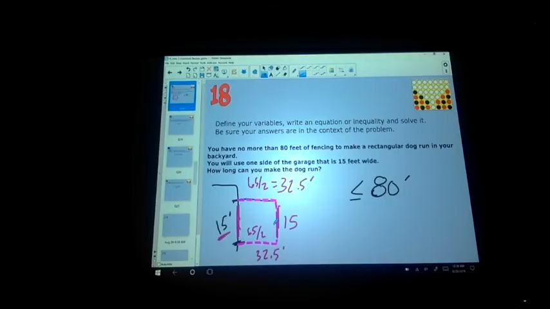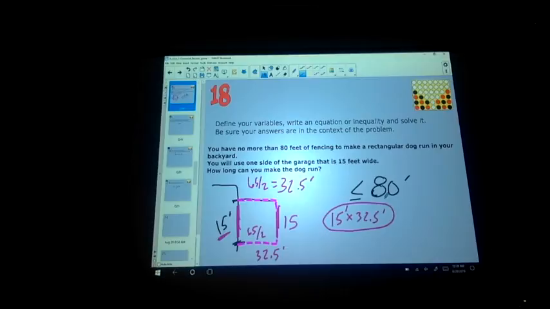So you can have a 15 by 32.5 foot run. That's using the entire side of the garage. But let's say you wanted to go less than that, you could also figure that out. But I think that's the answer we would be looking for right there.